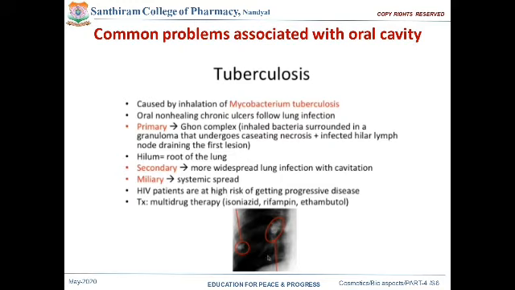Secondary infection just becomes more widespread with some cavitation, and the miliary, like the tertiary infection that we talked about with syphilis, becomes more systemic and a little bit more serious and dangerous. Now, HIV patients are at high risk of getting progressive disease, and treatment of TB involves multi-drug therapy, isoniazid, rifampin, ethambutol, and so on.